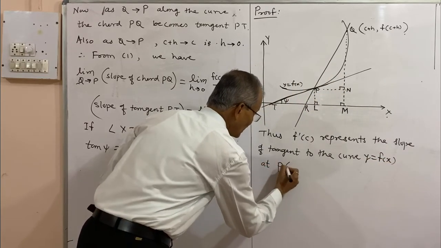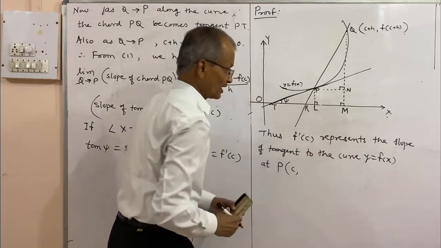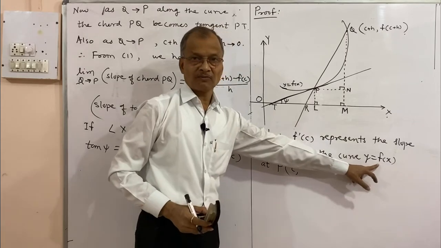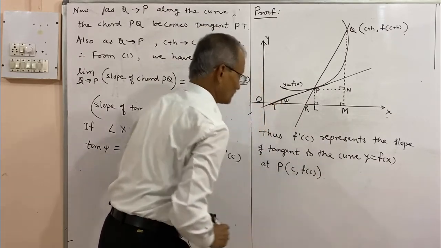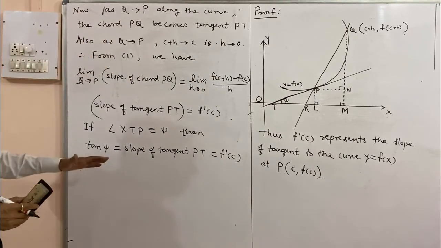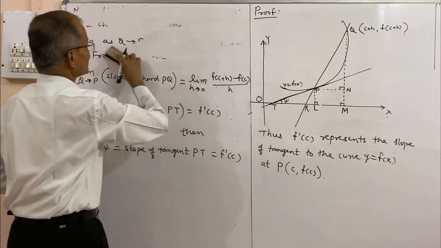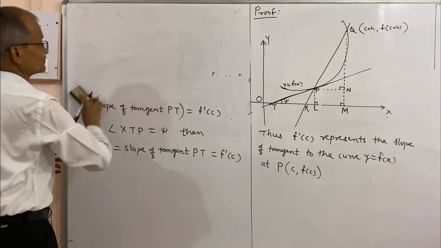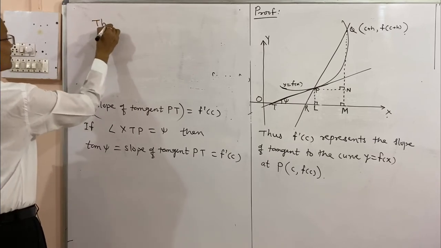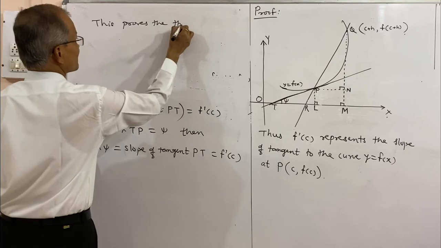At P, where x is equal to c, and y will be f of c. At the point (c, f of c), this proves the theorem. So this completes the proof of the geometrical interpretation.